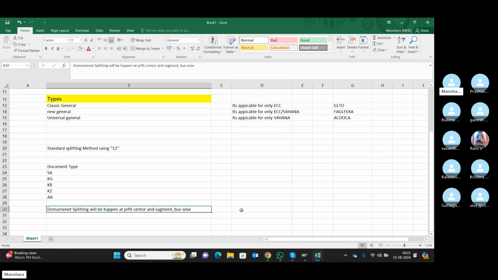So profit center is the key and mandatory, and segment and business are optional. Whatever the client needs, they will keep it.